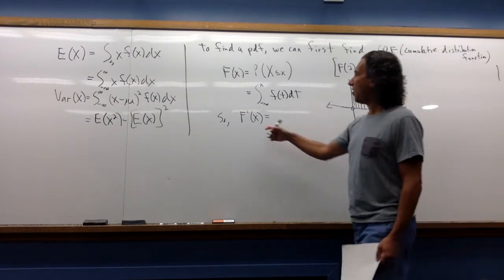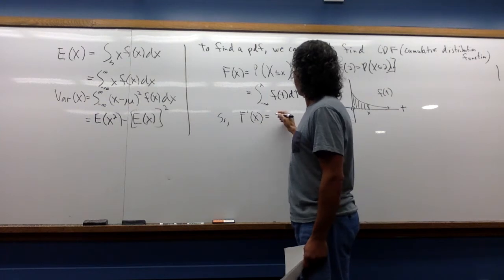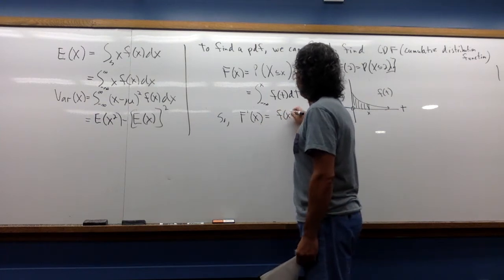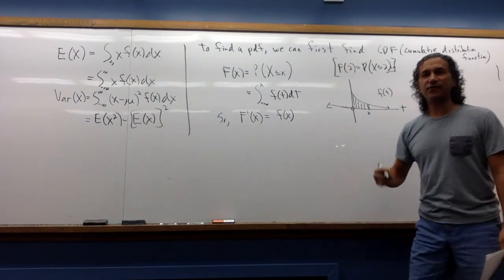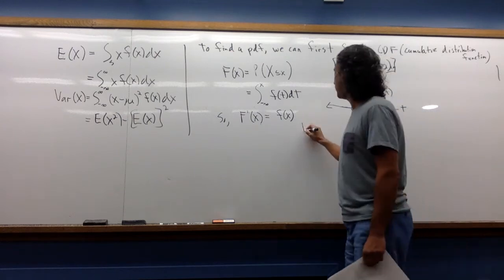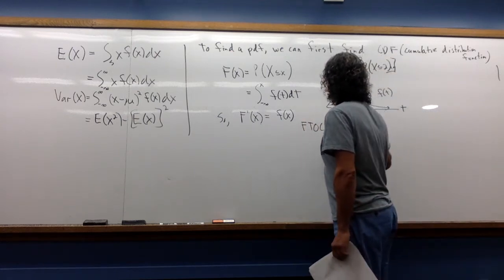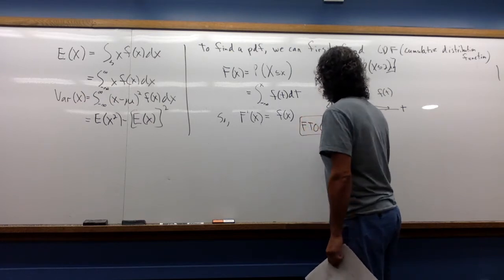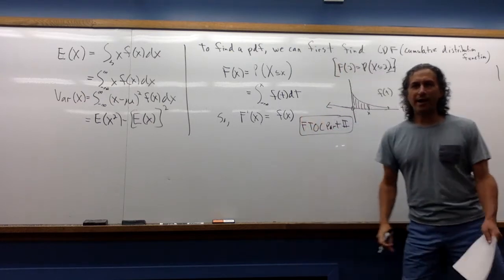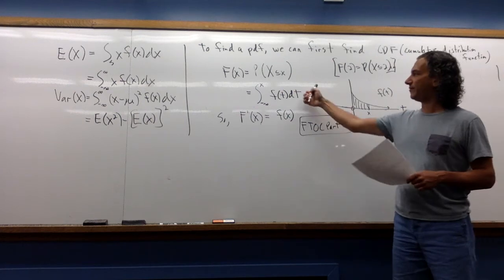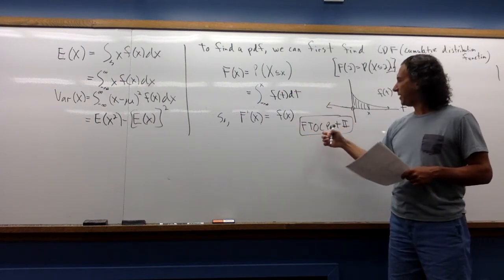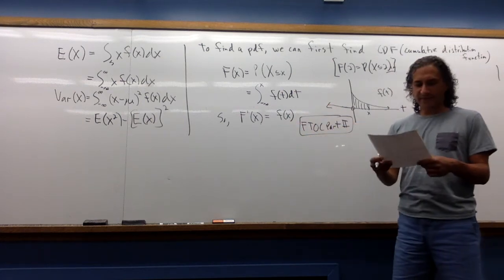Well, hopefully you said, oh yeah, I remember this. Big F prime of x is just little f of x. That's from FTOC Part 2. Now, if you didn't remember that, don't feel bad. All kidding aside, I have about 1 out of 40 or 50 students who remember that. So you might need to recheck that in a calc book.